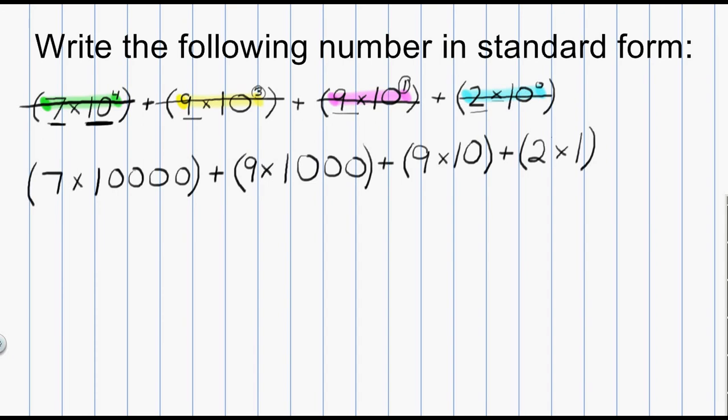All right, now I'm going to go ahead and finish solving for each one of these expressions. So we'll go back to the first expression, 7 times 10,000. Very simple to do. 7 times 1 is 7. And then count zeros. 1, 2, 3, 4 zeros.